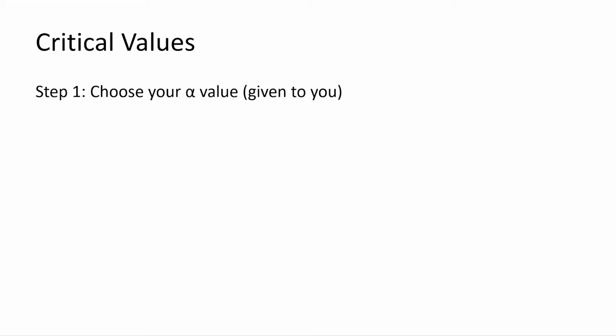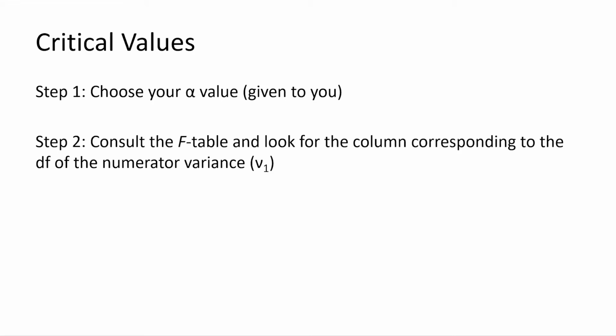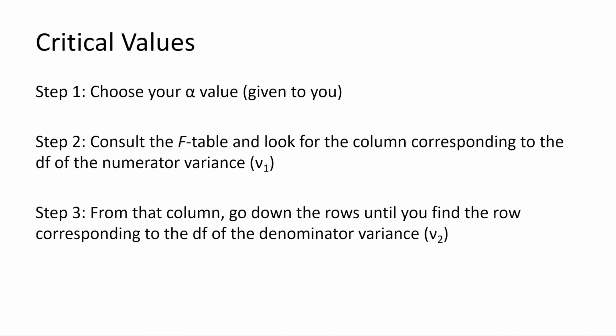Again, it's almost always 0.05 unless otherwise stated. Then you have to look at your F table associated with that alpha value. Find the column corresponding to the degrees of freedom for the numerator and for the denominator. And the value that you come to in the table is your critical value.